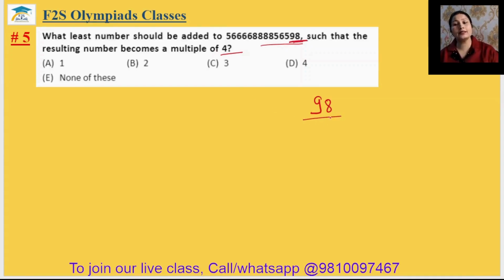But 98 is not divisible by 4. So what should we add? The least number will be 2. If it becomes 100, then 100 is divisible by 4, and the whole number will be divisible by 4. So the least number is 2. You just have to check the last two digits. If the last two digits are divisible by 4, the whole number is divisible by 4. Fifth answer is option B.